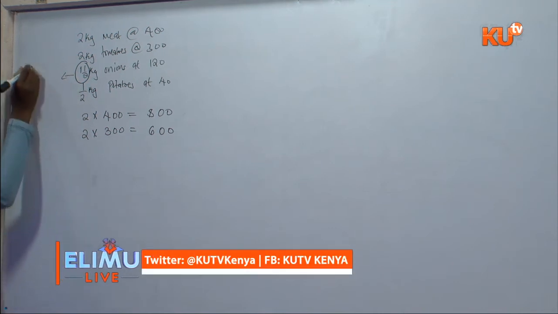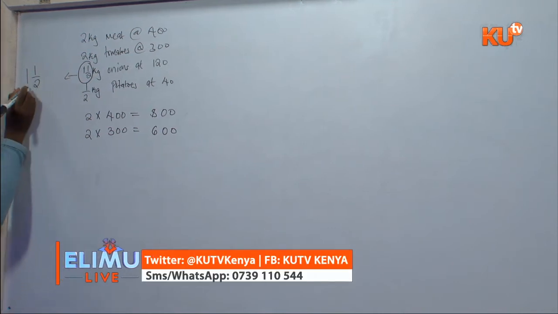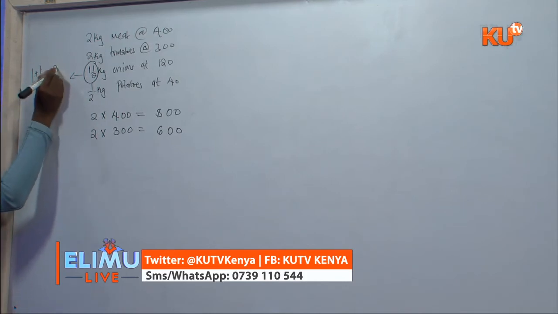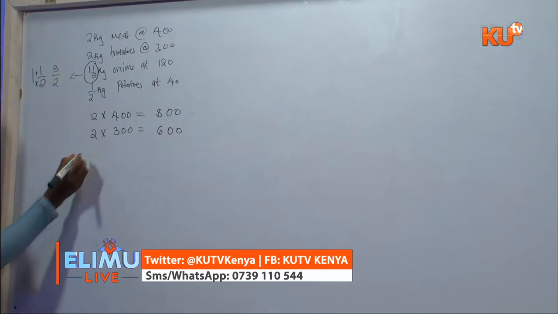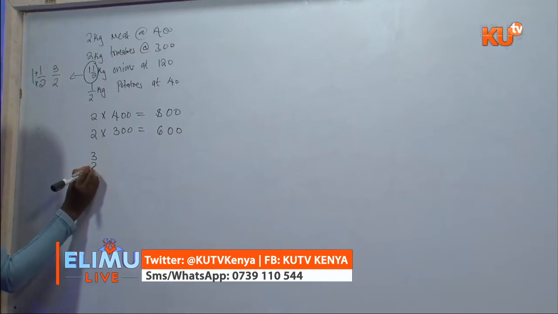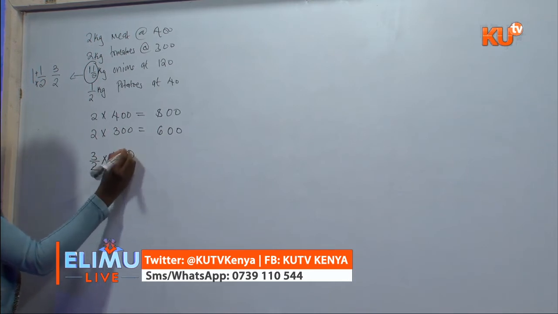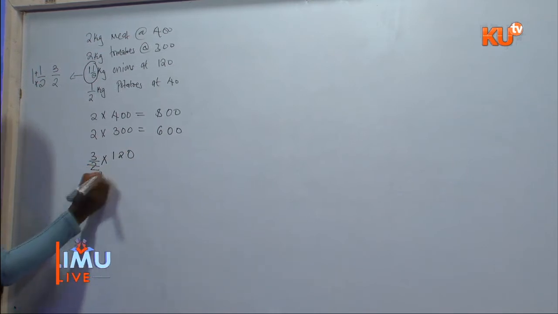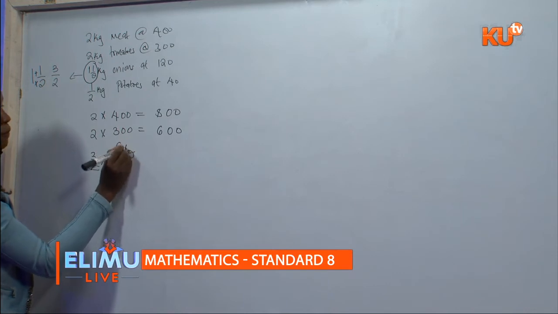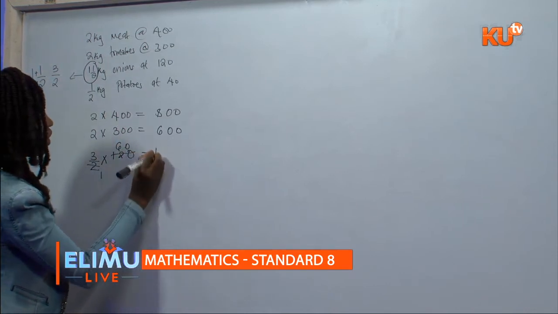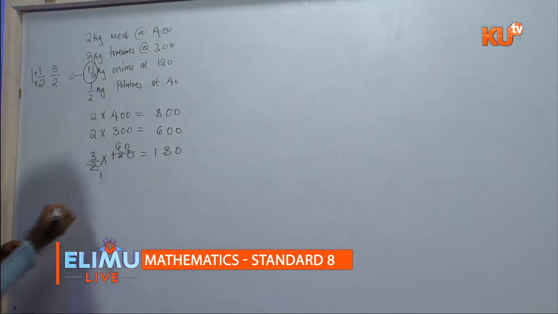You take the whole number times the denominator plus the numerator. This is 2 plus 1, we get 3 over 2. So 3 over 2 times 120. By 2, 1, by 2, 60. 3 times 60, we get 180 shillings.